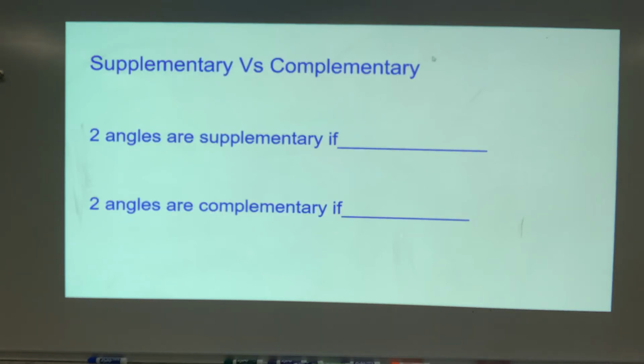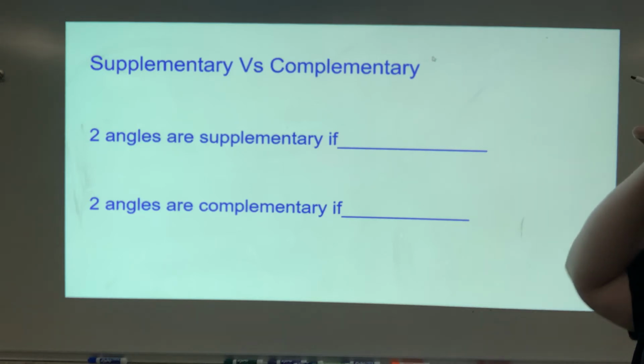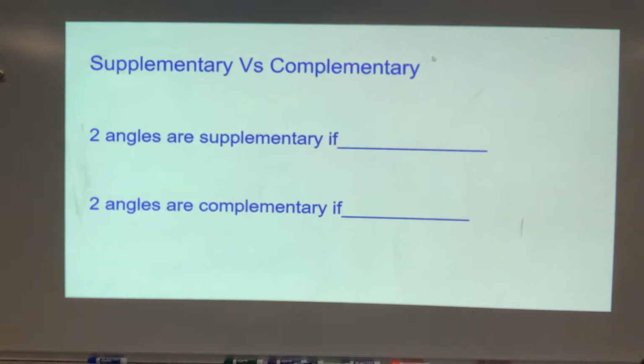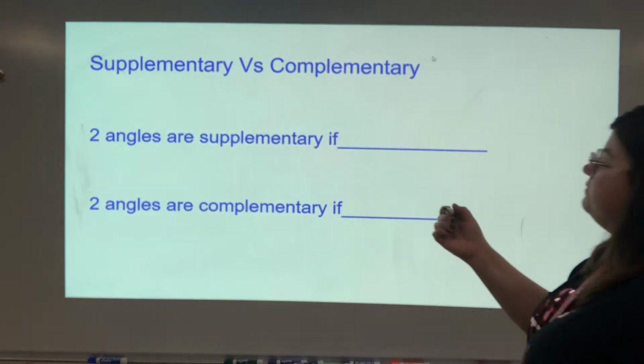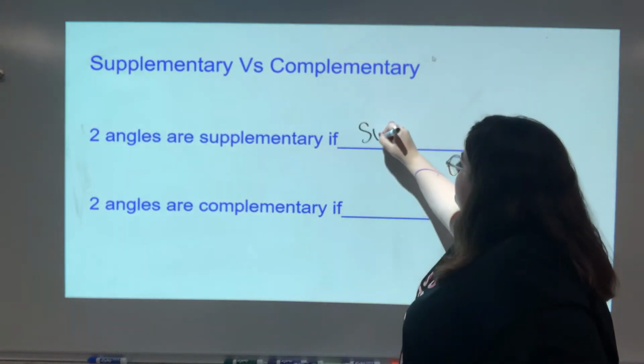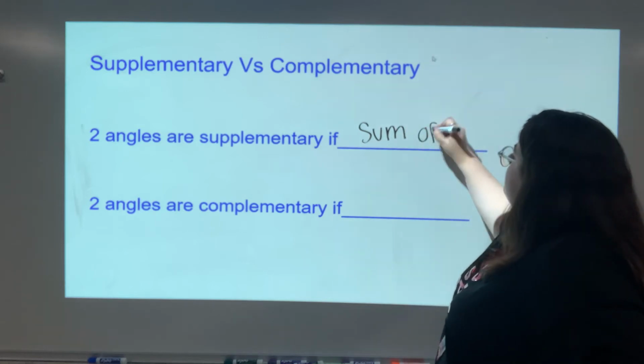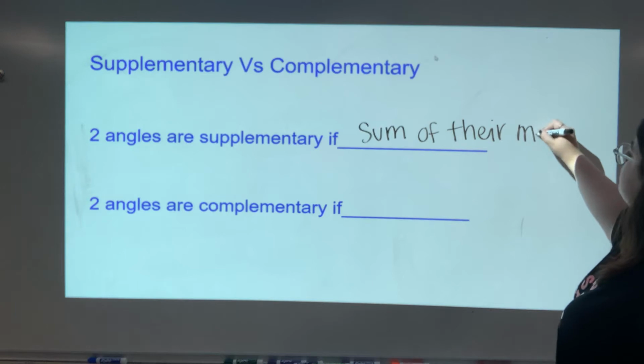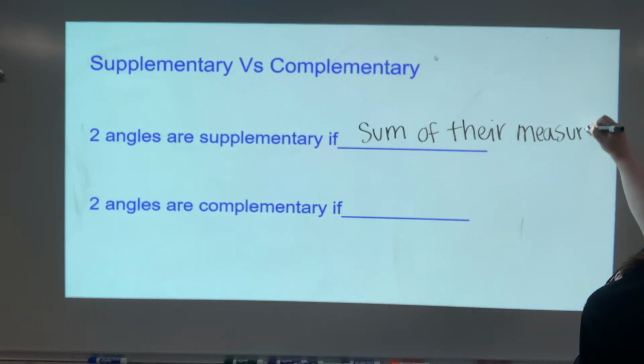All right, supplementary versus complementary. Two angles are considered supplementary. Hopefully you've heard this before. I really hope you have. Two angles are supplementary if the sum of their measures equal 180 degrees.